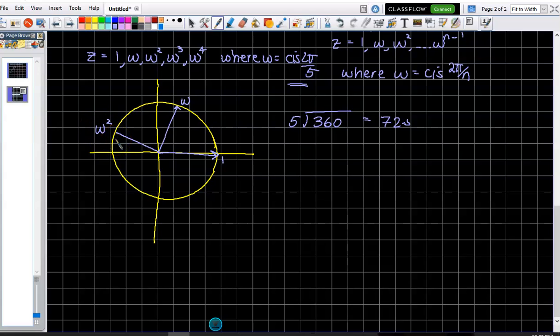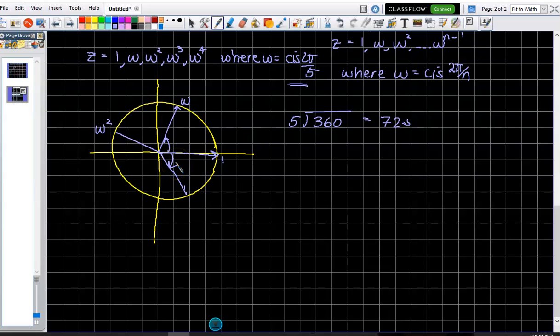Obviously, if I've got my calculator, it's a little bit better. But my next two, what do I have to make sure? Yes, they're evenly spaced, but remember, we've got conjugate pairs. So this angle here has to be the same as that angle there.